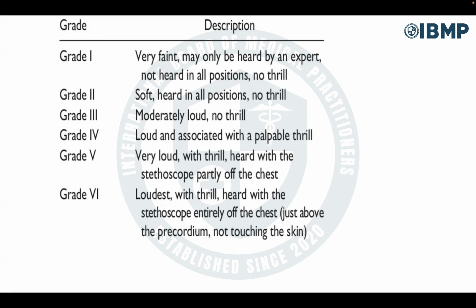So: very faint, grade 1; soft, grade 2; loud but no thrill, grade 3; loud with thrill, grade 4; very loud with thrill, grade 5. And what is grade 6? It is the loudest with thrill, and you can hear the murmur with the stethoscope entirely off the chest.